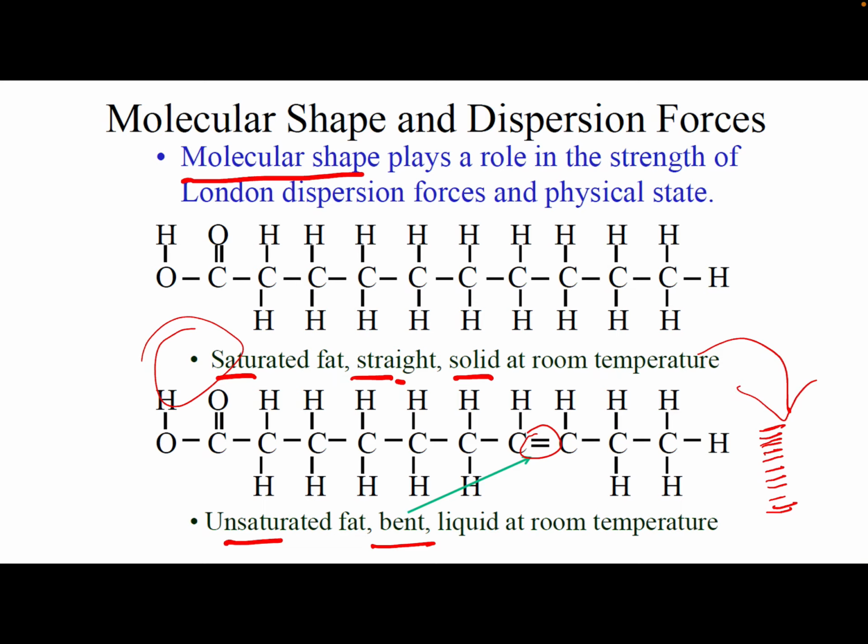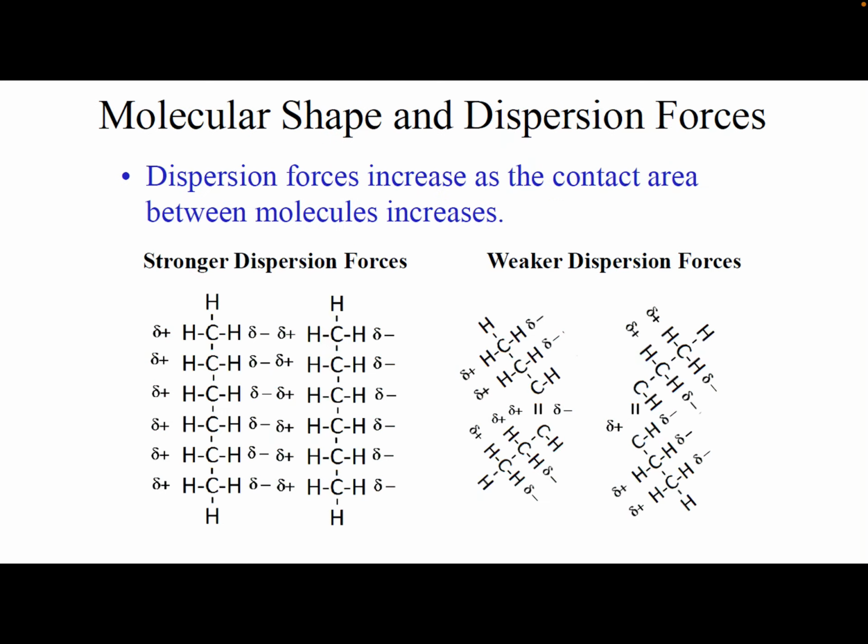The food industry likes saturated fats because they're not easily oxidized. So, dispersion forces are going to increase as the contact area between the molecules increases. So stronger dispersion forces in your saturated fat, right? Because they're flat. There are lots of points of contact.